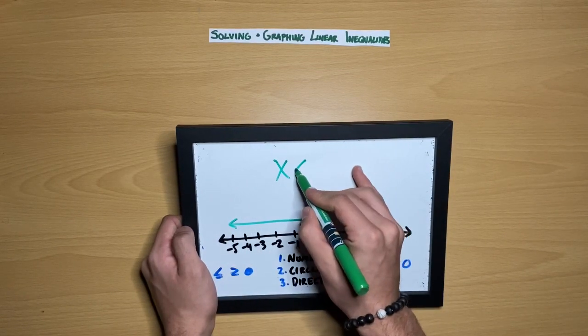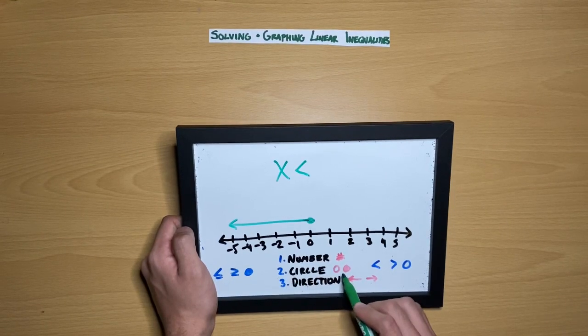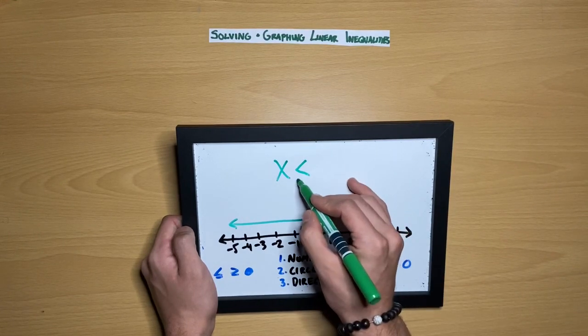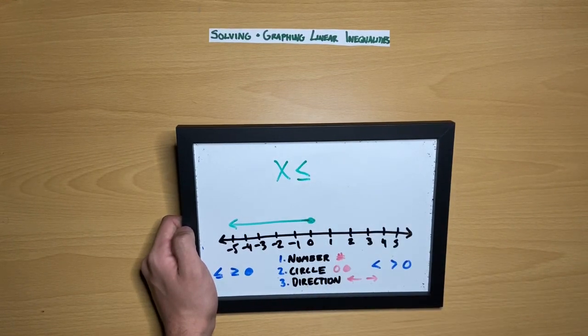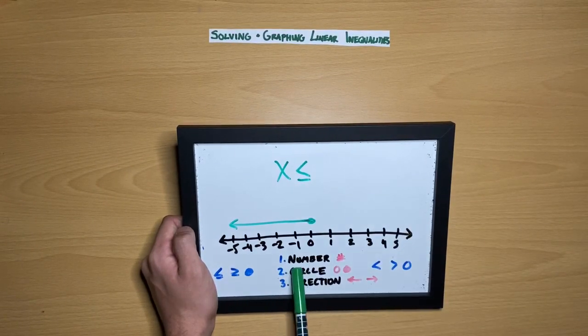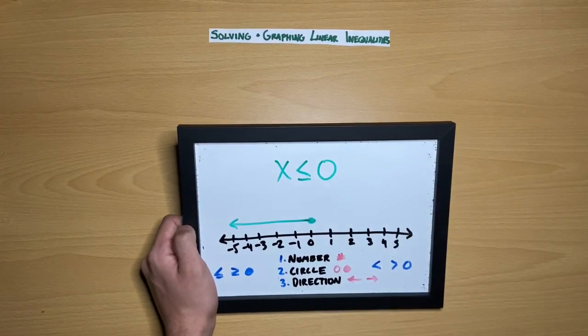So that means that x is going to be less than. Now we go to step number 2, and we see that this is a closed circle, so we must add that or equal to line underneath it, because 0 is included. And then finally, we write down that number, which in this case, it's 0, and we can check.